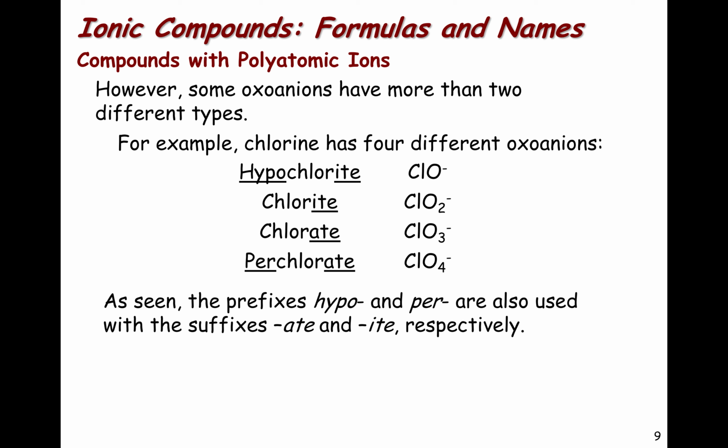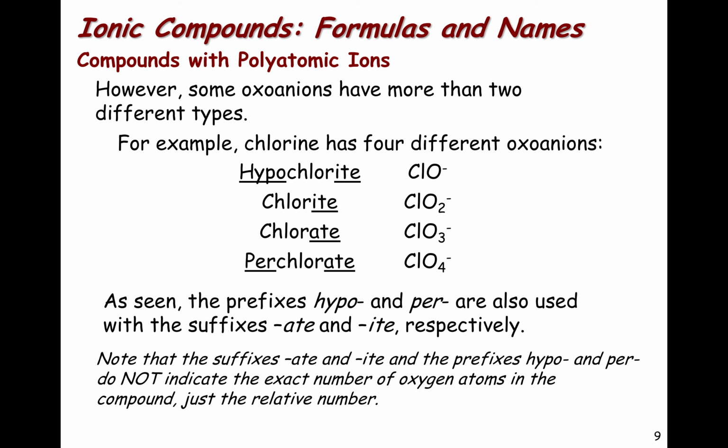The one with the maximum number of oxygens, which is 4, is going to have an ending of ate, but to differentiate that from the one that has 3, we use a prefix, and the prefix is per. So there are 2 oxyanions of chlorine that have an ending of ate. Chlorate has a formula of ClO3 with a 1- charge, whereas perchlorate has 1 additional oxygen, per meaning the most.